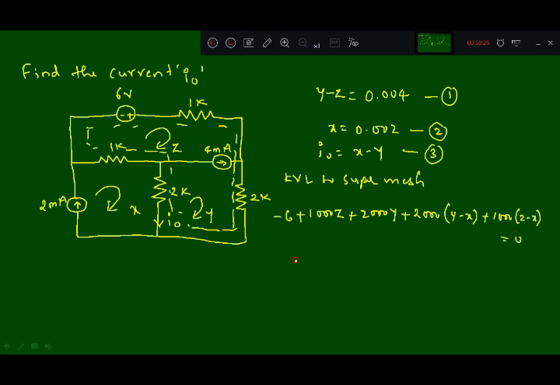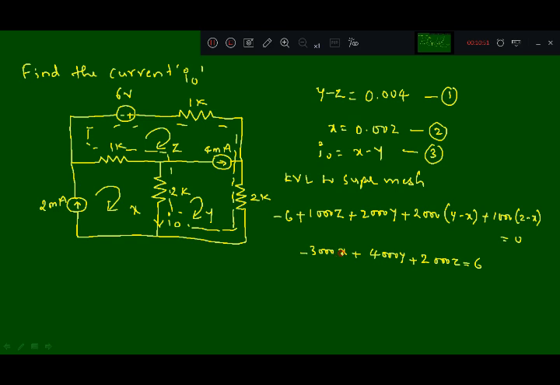If I reduce this, it becomes minus 3000 x plus 4000 y plus 2000 z is equal to 6.